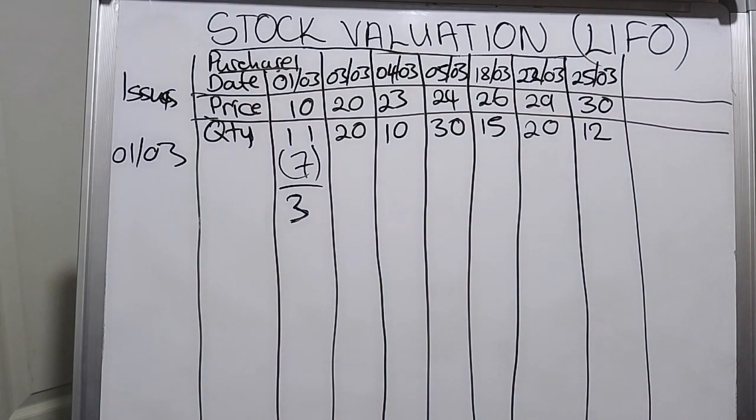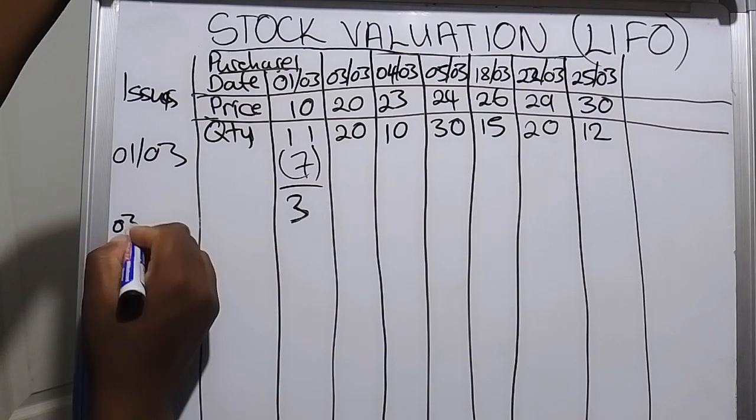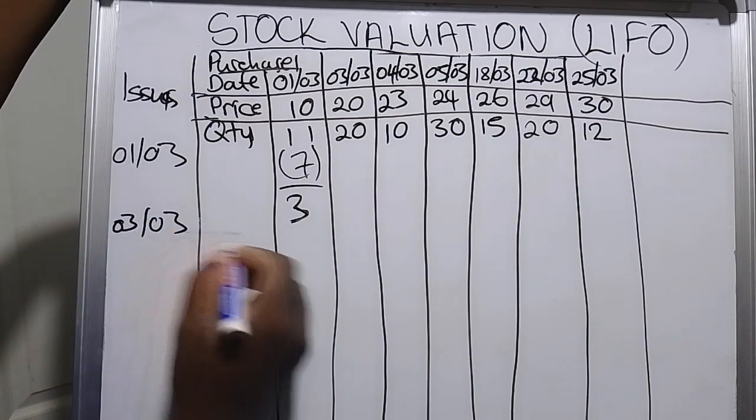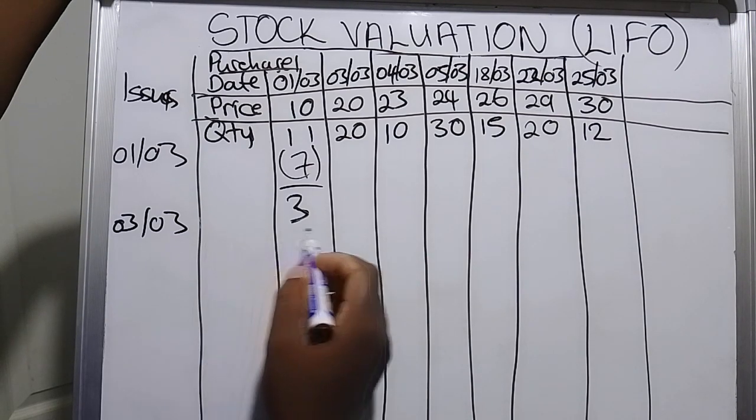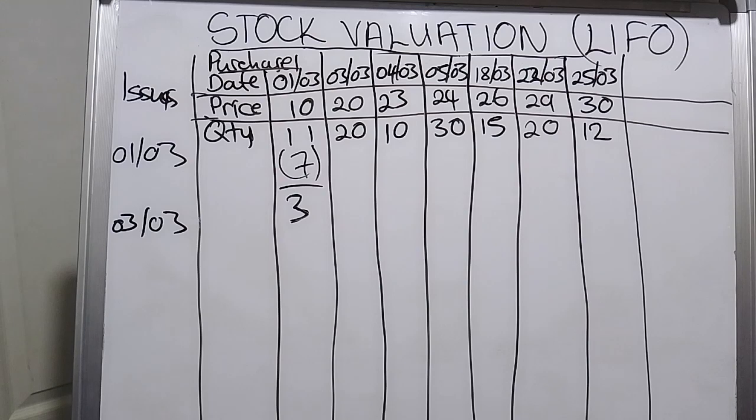Then we move to the next date when we have sales. It's the 3rd of March. On the 3rd of March, we sold 20 items. We come here and put the date 03/03. Then we move. We are saying we sell the stock which was last in.